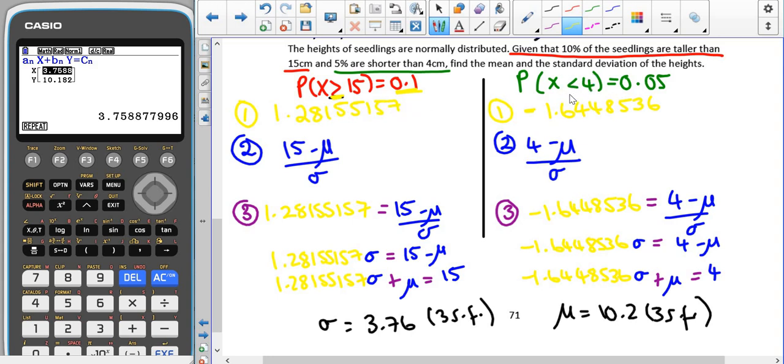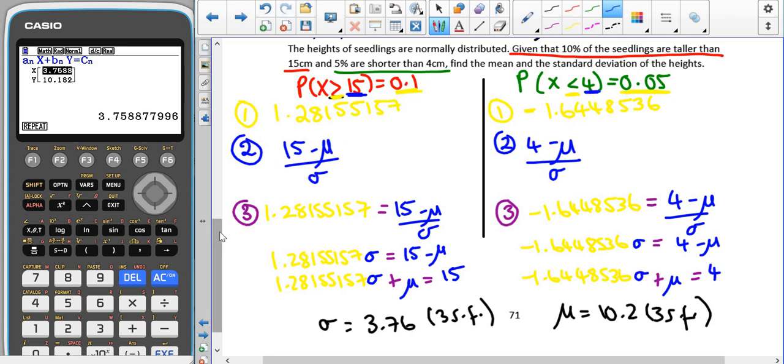For the other one, our tail is going to the left. Our area is 0.05, which gives us minus 1.6448536. Then when we're using our x minus mu over sigma, for the first one we have 15 minus mu over sigma. For the second one we have 4 minus mu over sigma.